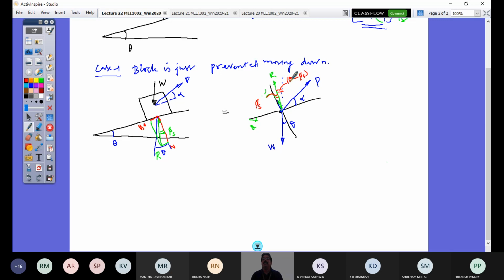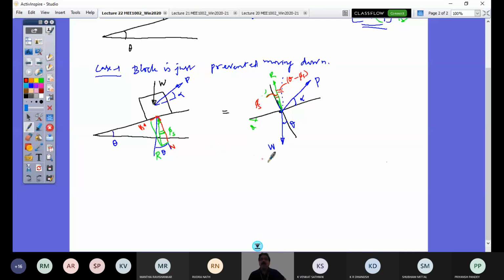You are also saying this is correct now. And this angle is the reaction to the normal. This black line, whatever I have drawn perpendicular to the slope, is the normal. So the direction of resultant reaction to the normal is phi s. This is phi s. So what is the doubt now? There's no doubt, right?